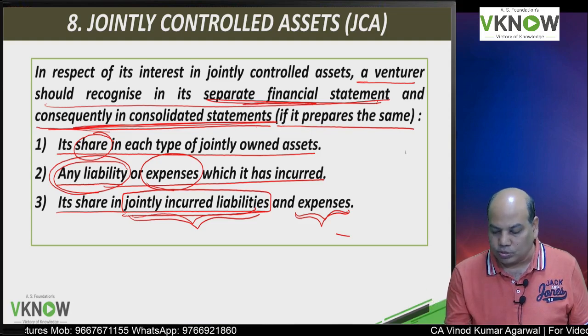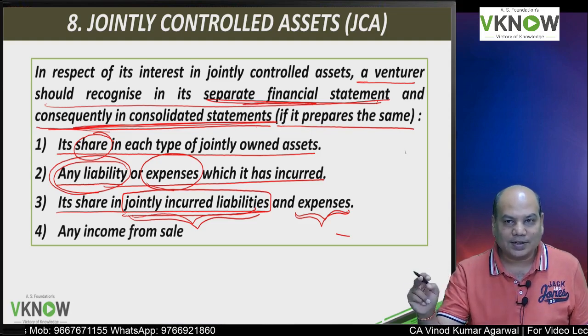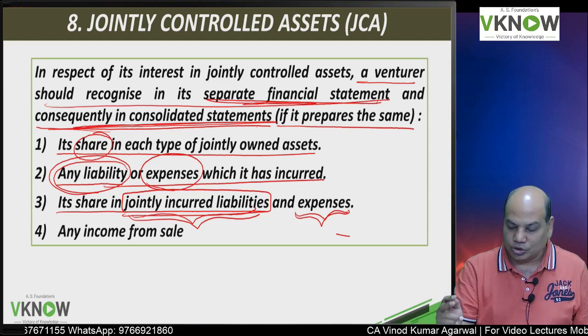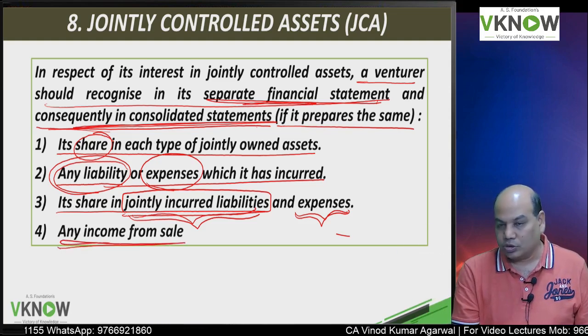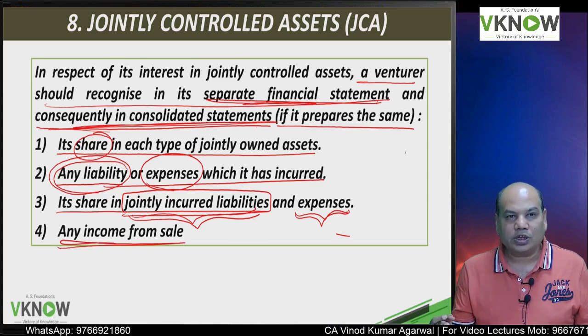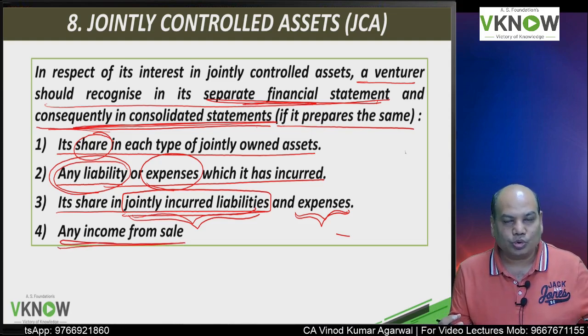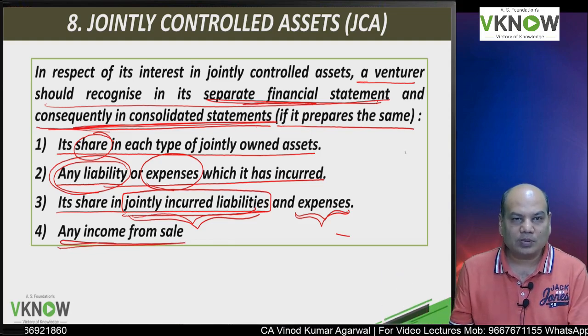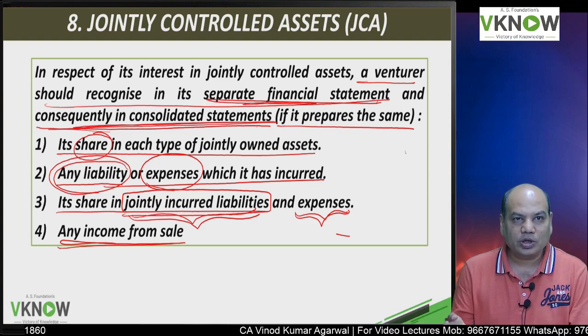So in your own book you record your share of asset, liability, income, expense and output, and whatever assets and liabilities you own directly will of course come in your books.